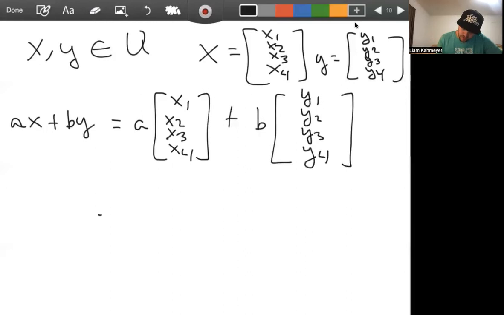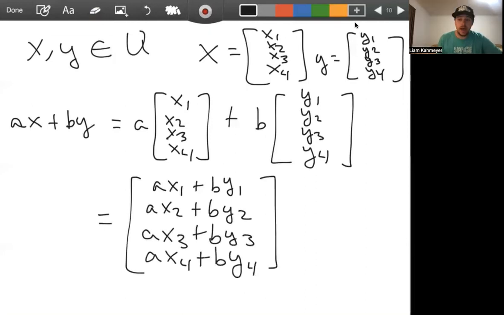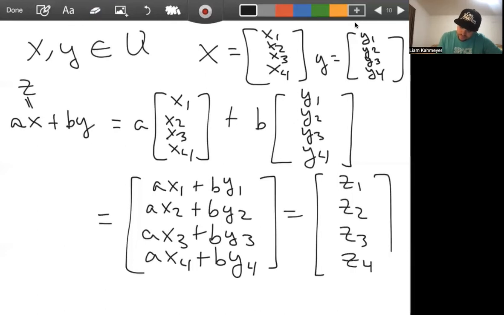Let's combine these vectors and we get ax1 plus by1, ax2 plus by2, ax3 plus by3, and ax4 plus by4. Let's give these some names really quickly. Let's say z, which is equal to ax plus by. This is z1, z2, z3, and z4.